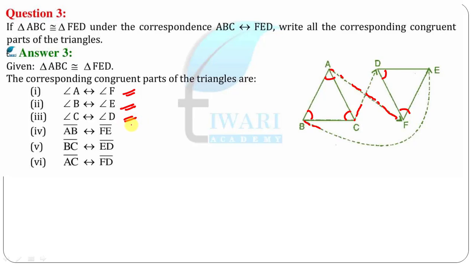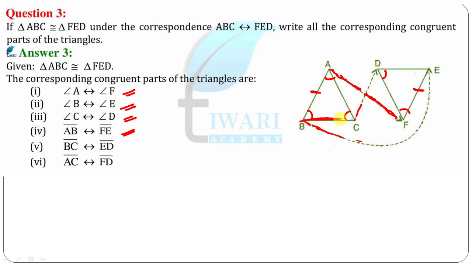Next, which sides are equal? A is connected to F and B is connected to E, so AB is equal to FE. These are congruent parts. Next is side BC.